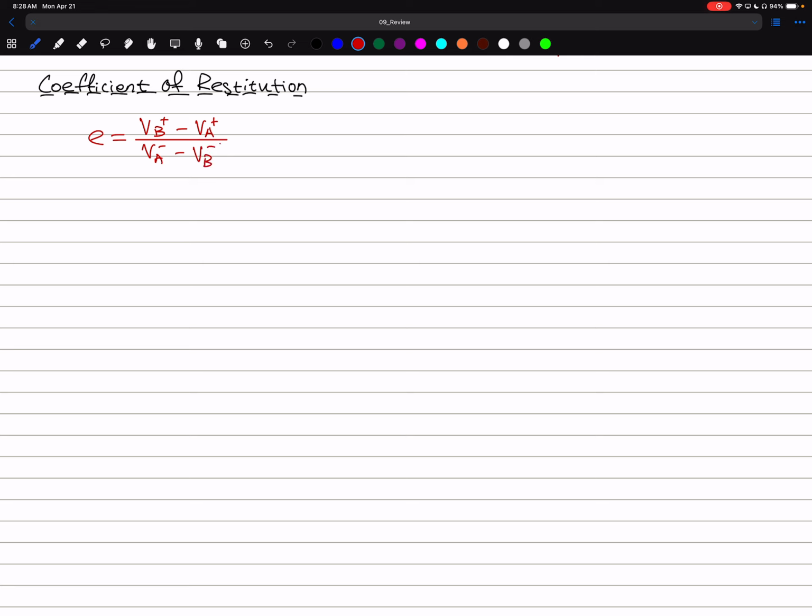Here the superscript plus represents after, and the superscript minus represents before, so the superscript minus and plus represent before and after the impact.